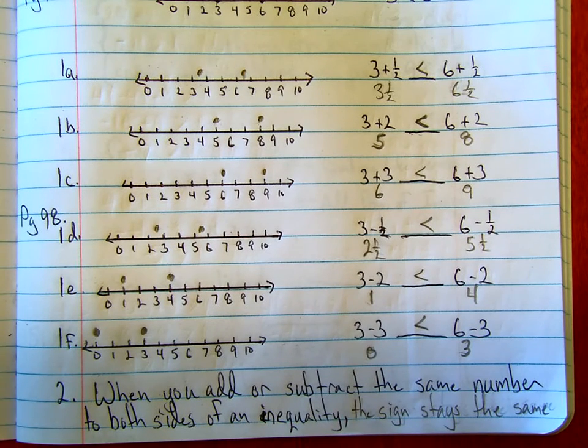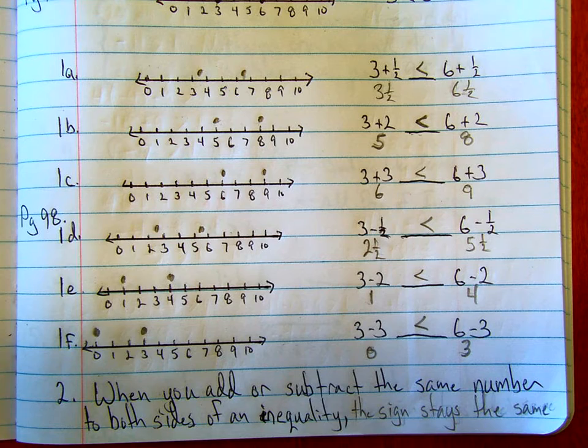And that question 2, when you add or subtract the same number to both sides of an inequality, the inequality sign stays the same. The lesson we're going into today is there's a certain circumstance when you multiply or divide both sides by a negative where it's going to flip, change directions, because negative also means opposite in mathematics.